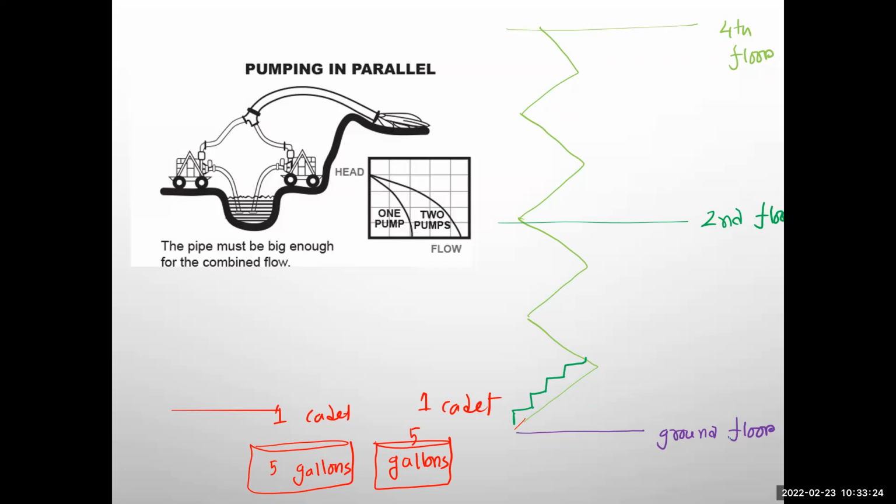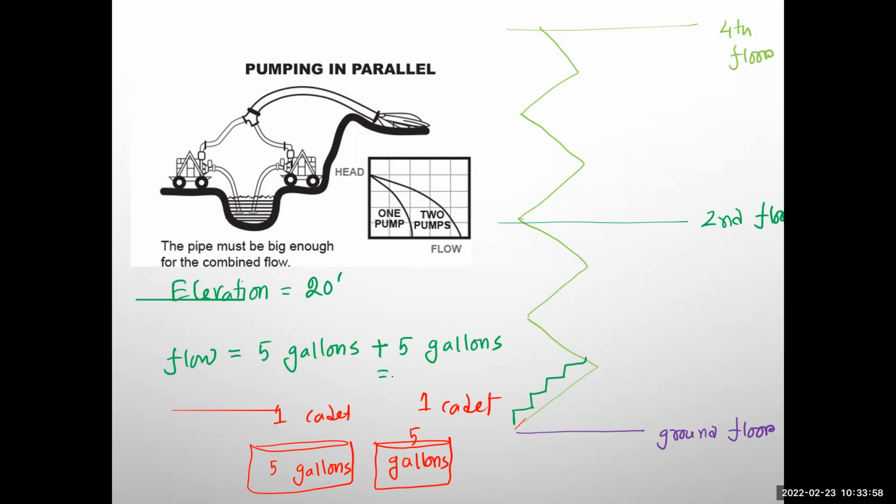So both of them are going from ground floor to second floor. What is the elevation they travel? 20 feet. In reality, they only travel 20 feet. Now, what is the flow from ground floor to second floor? They both carried one bucket, so in total you got 10 gallons.